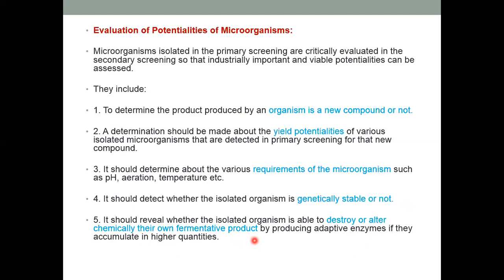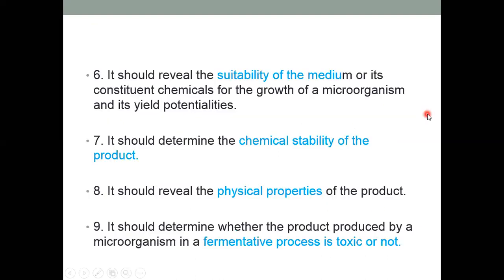So it might chemically damage the product that you were after. Sometimes it starts to produce enzymes which accumulate in large quantities, and then it starts to degrade the product itself. Then it should reveal the suitability of the medium or its constituent chemicals for the growth of the microorganism and its yield potentiality, right?